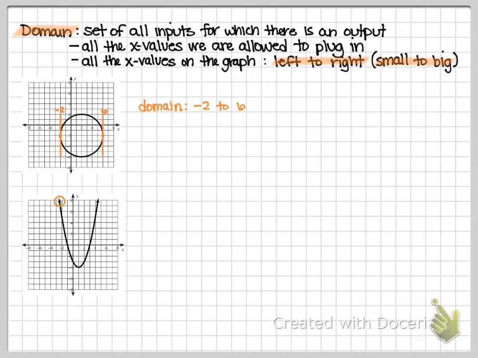Not only is that arrow, if you look carefully, pointing up for sure, but it's also tilted a little bit to the left. Since it's tilted a little bit to the left, that means it's going to keep going out, slowly, but it's still going to the left. If there's an arrow, it's going to keep going in that direction forever.